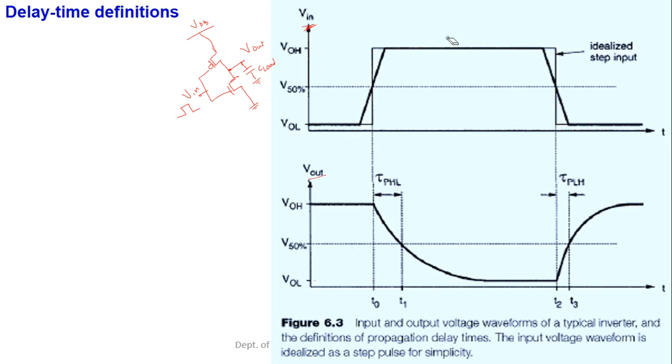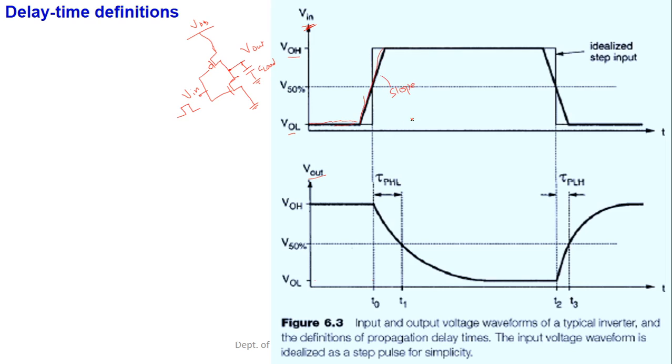This signal is more practical. Look at this signal, which is rising from VOL to VOH. This is VOL, this is VOH. It is rising between the low and the high level with a slope.